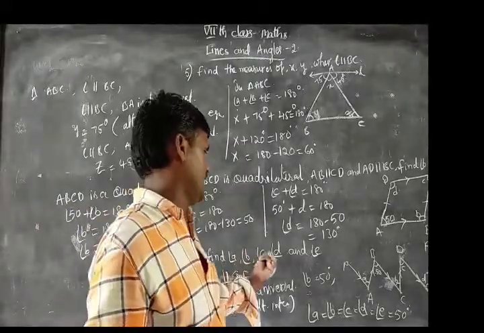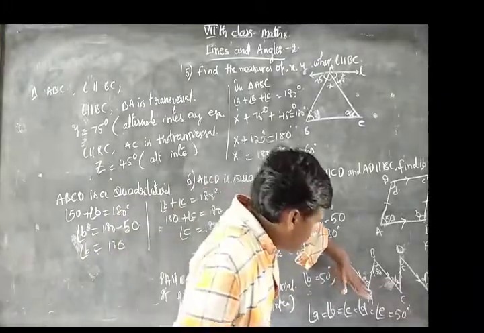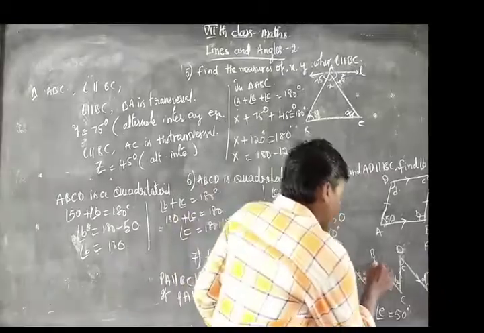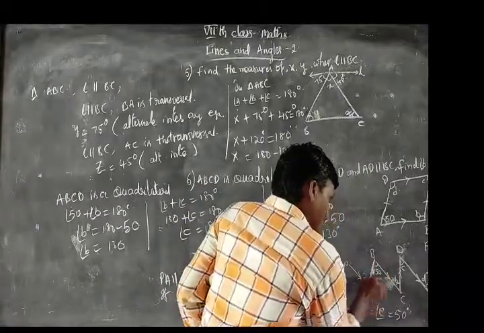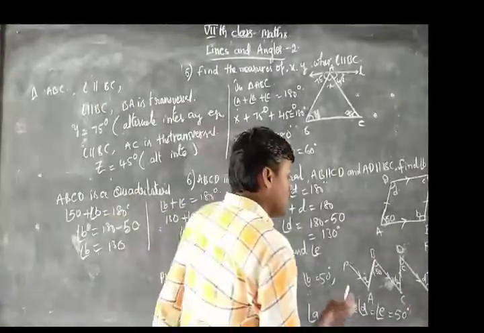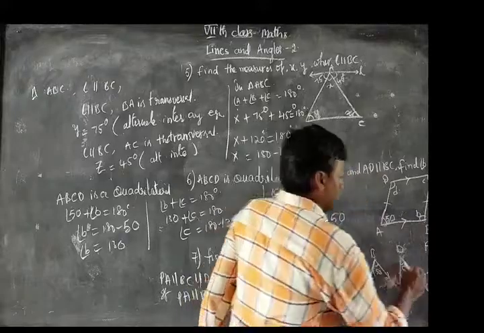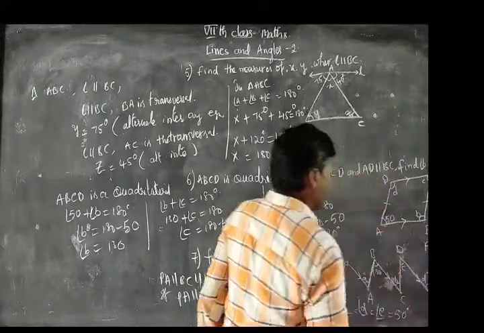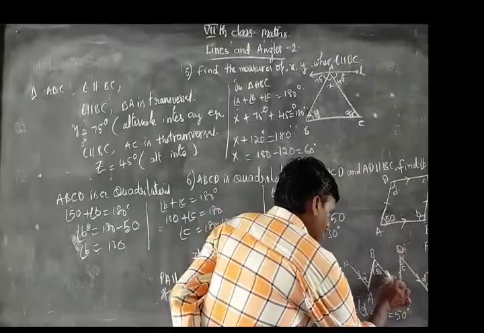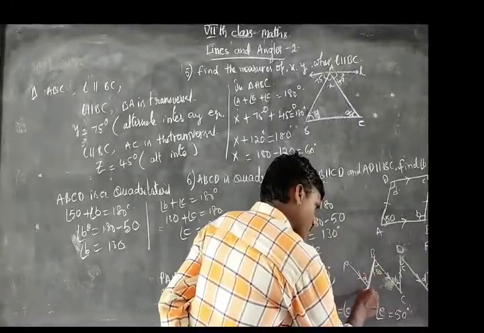Angle A, B, C, D and E. We have to find angle A and so on. If you observe that PA and BC are parallel lines, and AB is the transversal. Already we learnt about transversals. And BC is parallel to ED. ED is parallel to FG. And these are the transversals. Next, BC is parallel to PA and the transversal is BA.